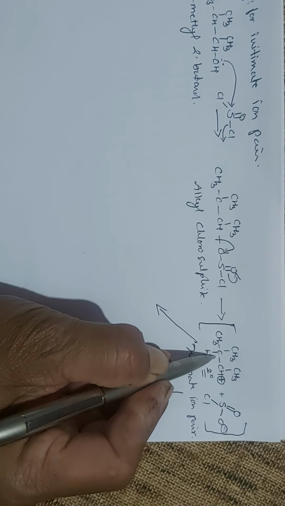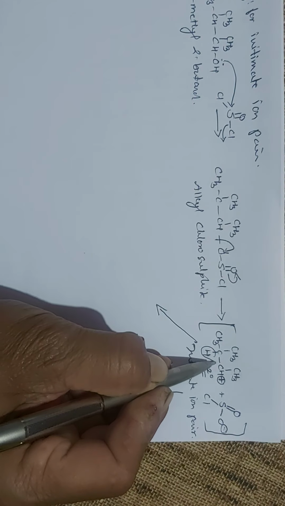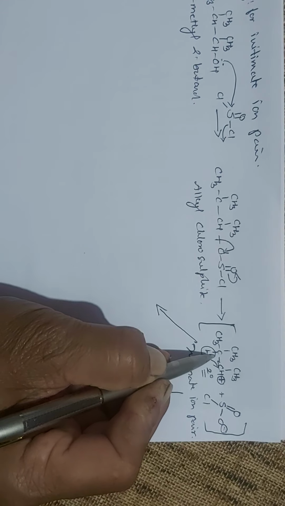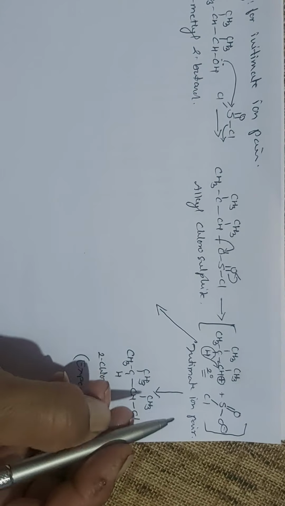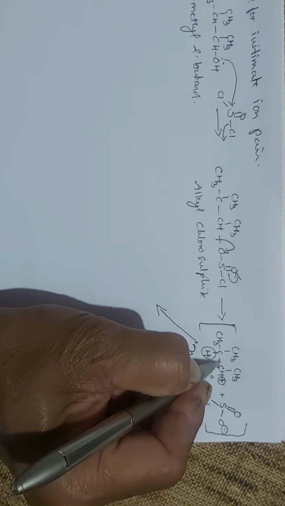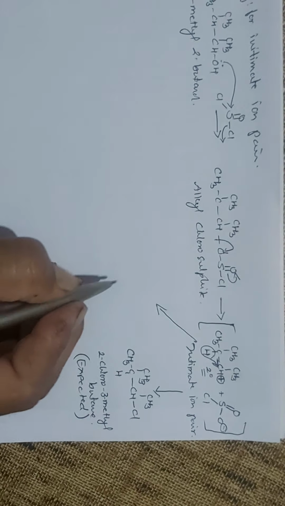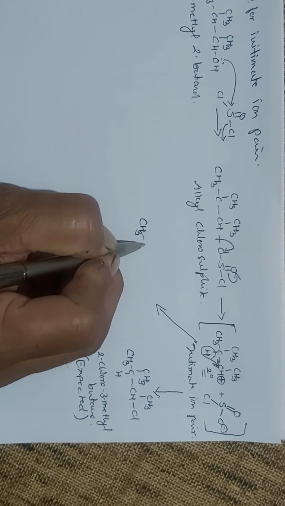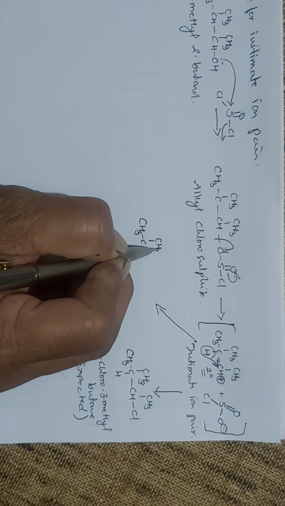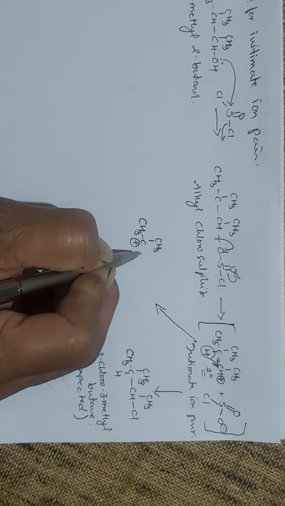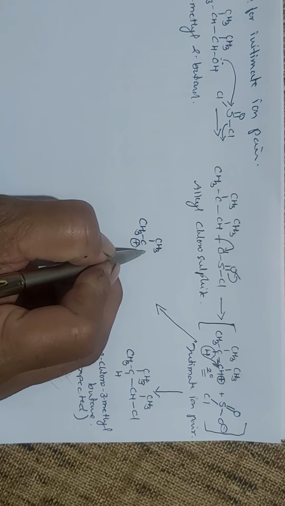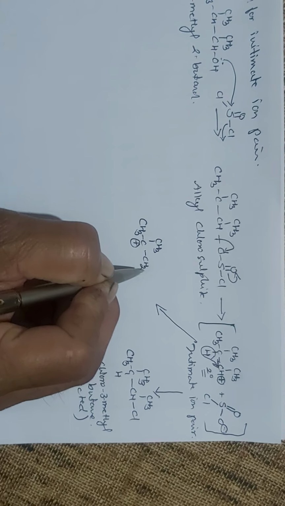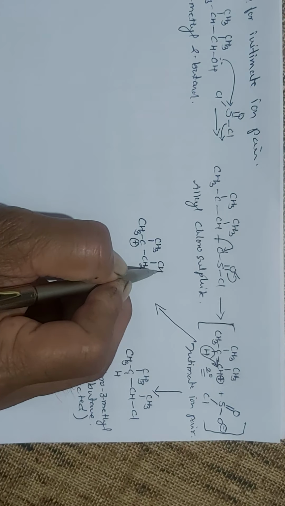And so here the methyl shift takes place from this tertiary carbon to the secondary carbocation, and you get the carbocation CH3 plus CH2 CH3.